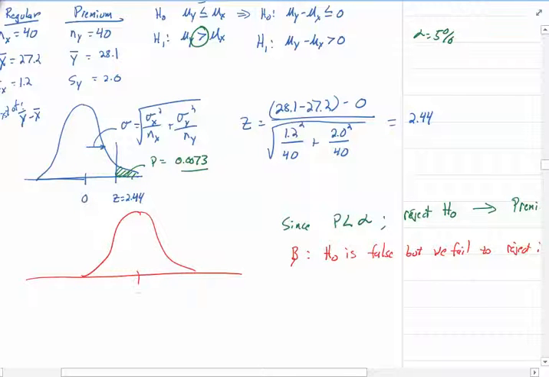I'm going to make this up. It might be here at 2. That's what we mean by H naught is false. We assume it's true and we carry out the right steps in our process, but in reality, it's not there, it's here.